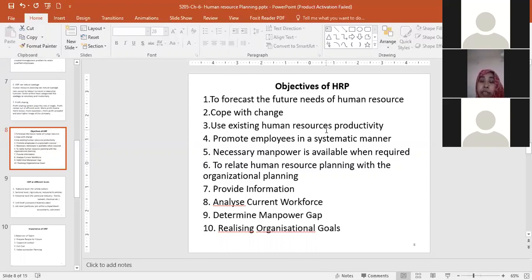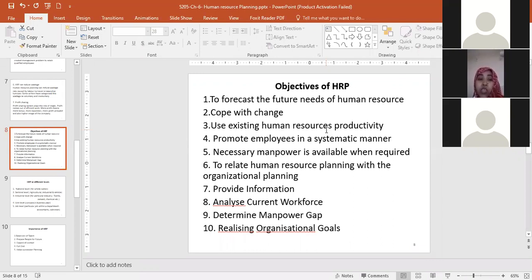The fourth objective of human resource planning is to promote employees in a systematic manner. Human resource planning provides useful information on the basis of which management decides on the promotion of eligible persons in the organization.